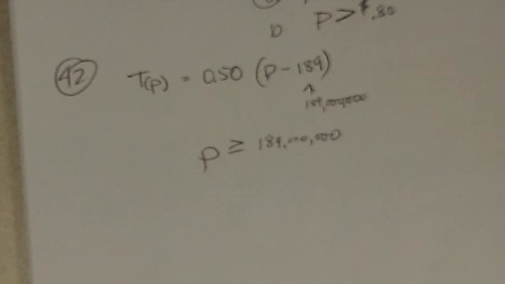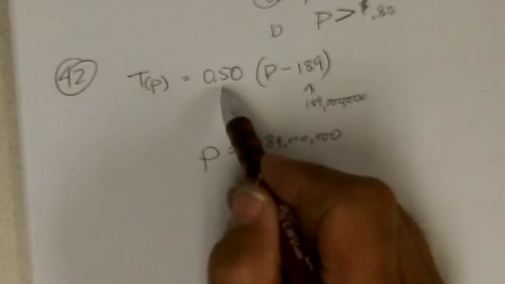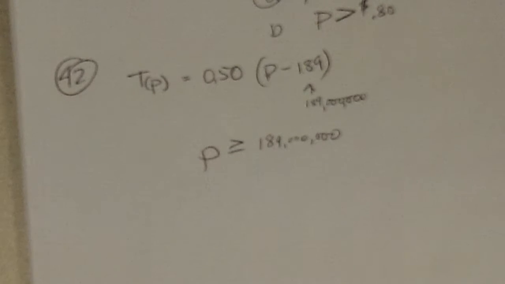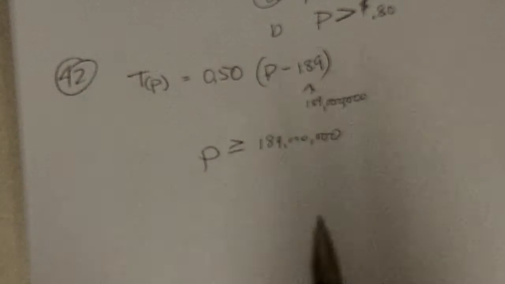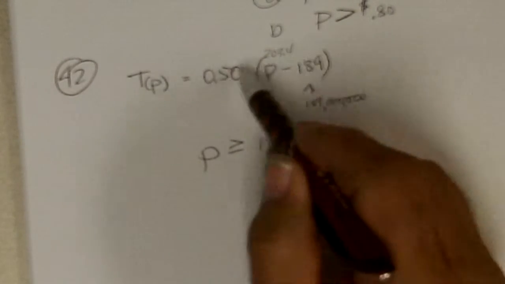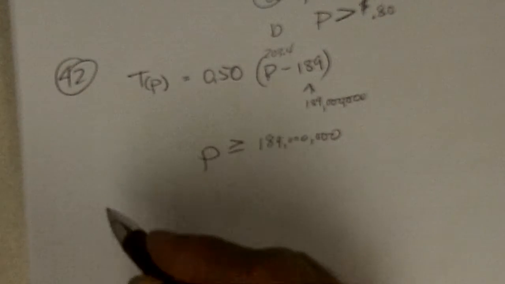That would be the implied domain. Under that, there wouldn't be any tax. Otherwise, it's 50% of whatever goes over that amount. And what is the luxury tax for the Yankees that had a 203? So you'd put 203.4 in here, and you'd figure out how many millions in luxury tax they would have. That's pretty simple, so I won't do that one for you.